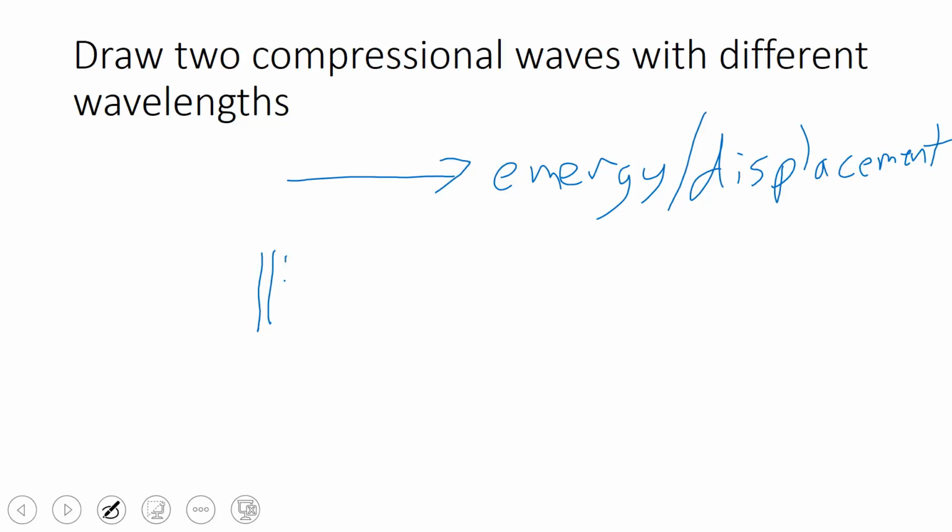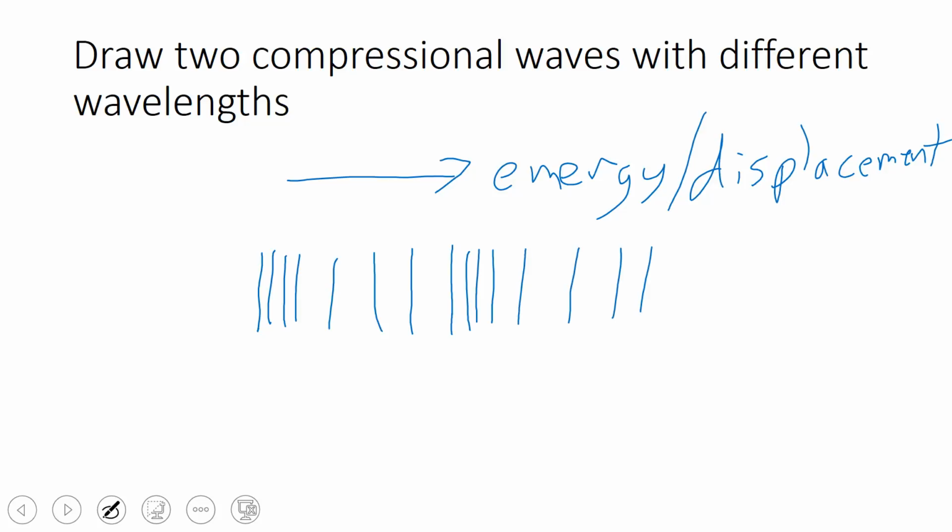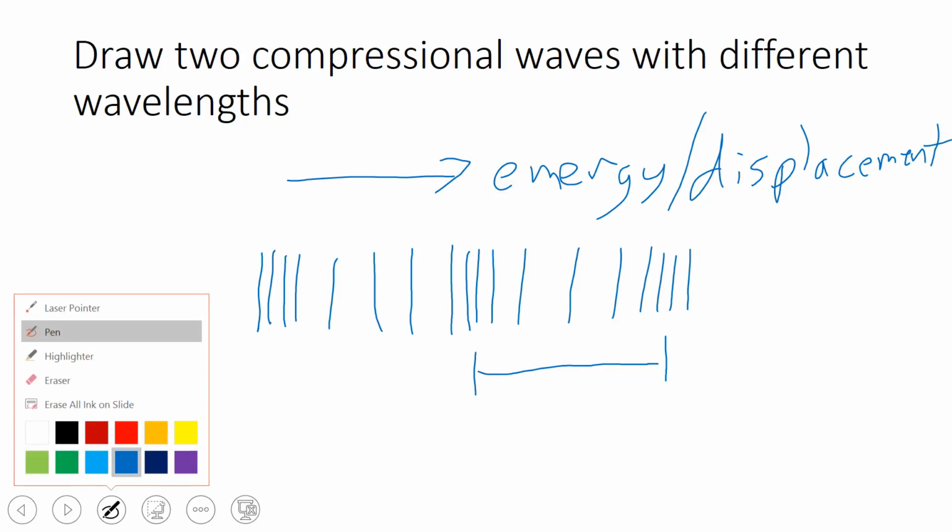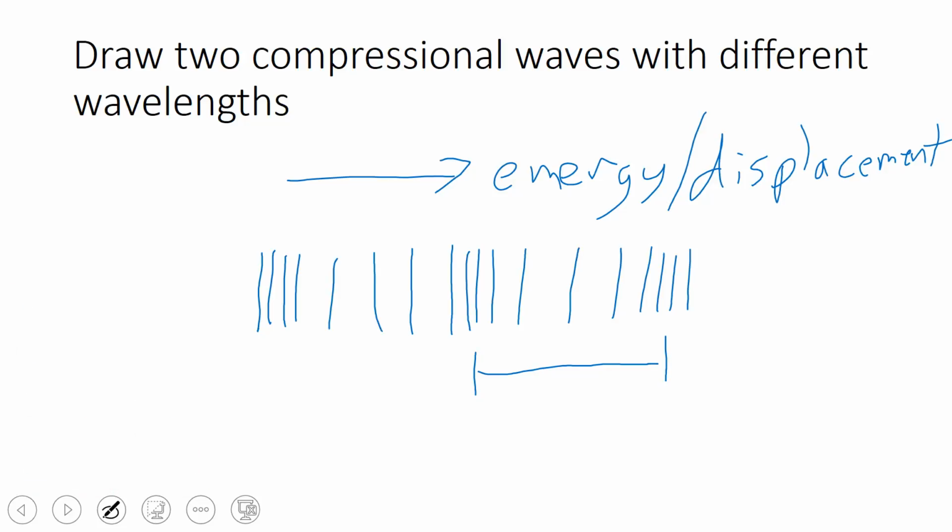So here are evidences of crowding, and then here it'll spread out, and here it'll go to crowded again, and here it'll spread out, and then here it'll go to crowded again. Okay, so here would be one wavelength, and then let's switch colors so we can get our other compressional or longitudinal wave.